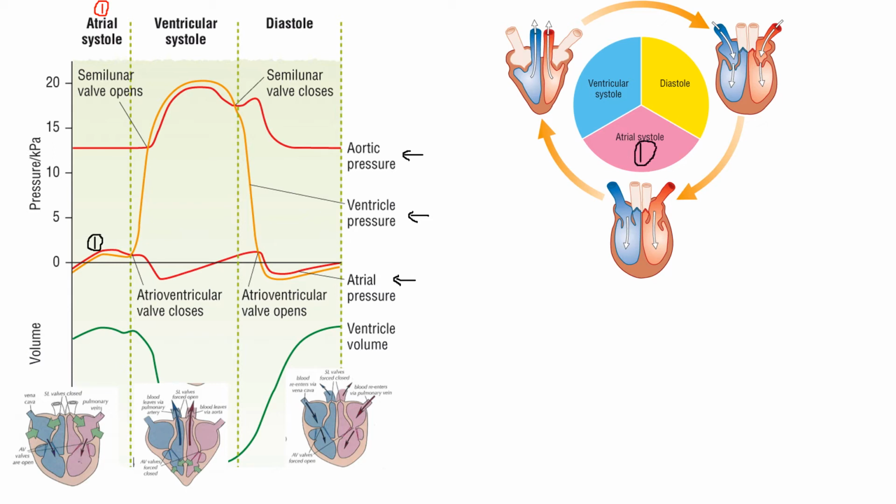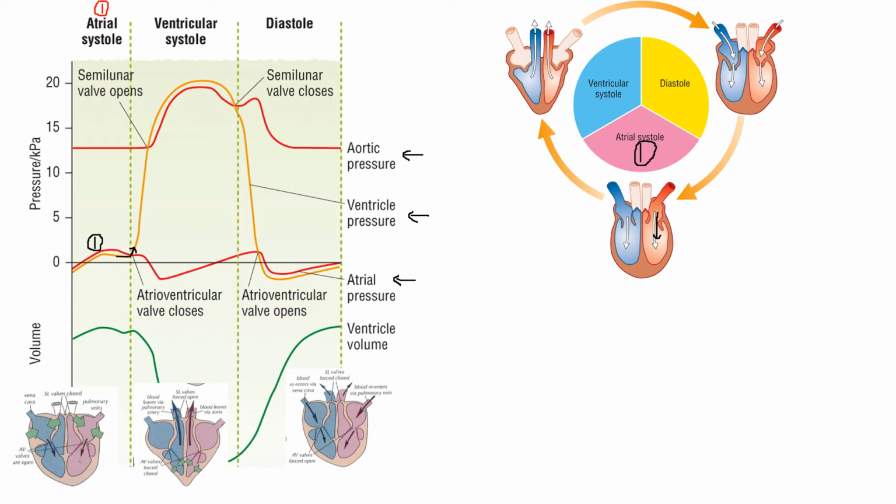The atria are contracting, therefore they have slightly more pressure than the ventricles, which are in orange, and therefore blood moves from the atria into the ventricles. But as you can see on the graph, as the atria push all the blood into the ventricles, the ventricle pressure will eventually increase over the atria.